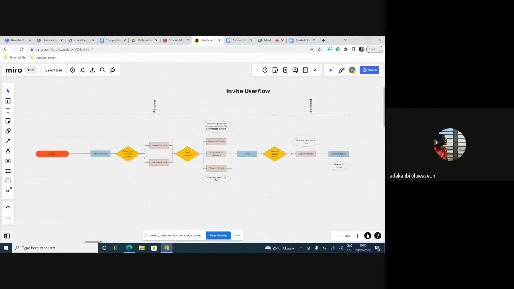Then another sub-story is that once you've sent the invite, the other person must also be able to sign up using that code or using the link you have shared, right? So all of these are sub-stories within the invite story. But you can see that it's 1 feature and it's 1 user flow.